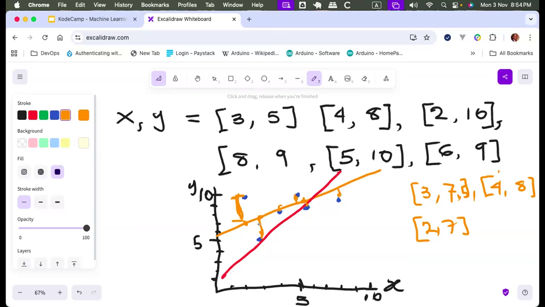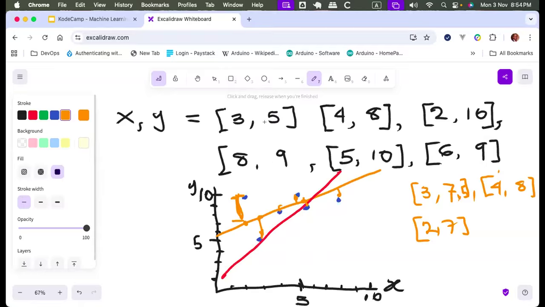So if you sum up all this error, that is a measure of the total error that this line is making in predicting these blue dots. But because of the positive and negative, they are going to basically cancel out. We don't want to cancel out.